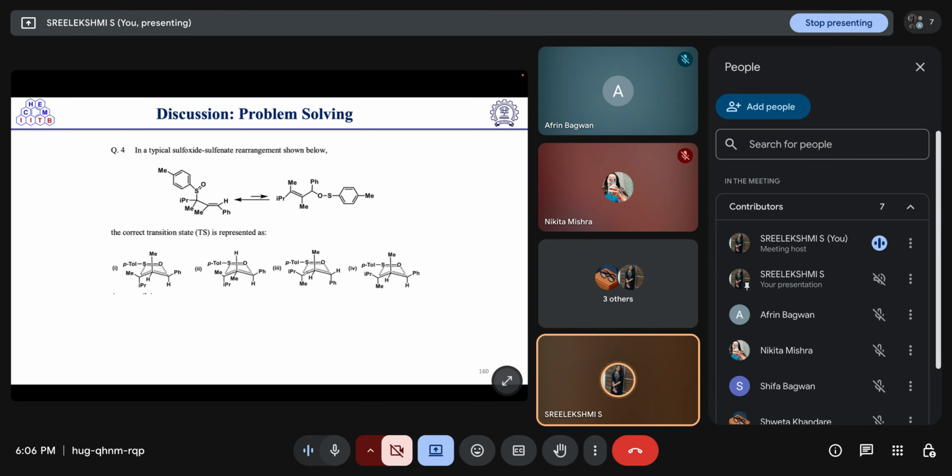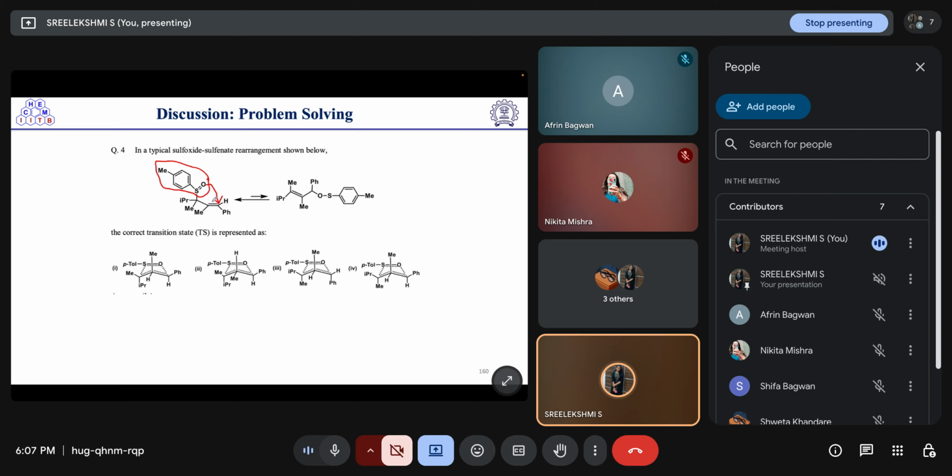Moving to the fourth question: in a typical sulfoxide sulfonate rearrangement shown below, the correct transition state TS is represented as. So here this sulfoxide group is coming over this position.